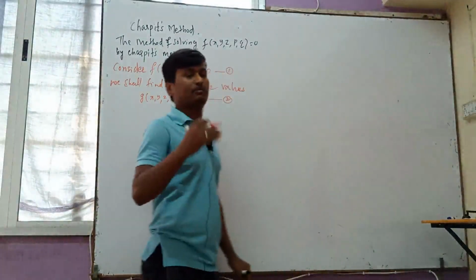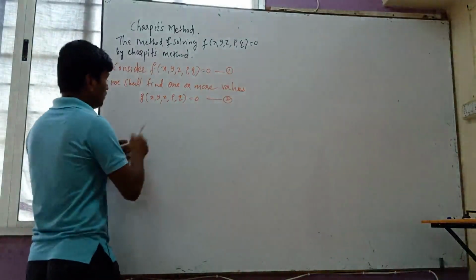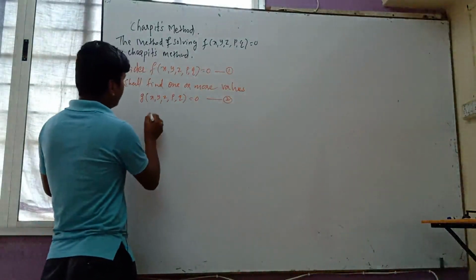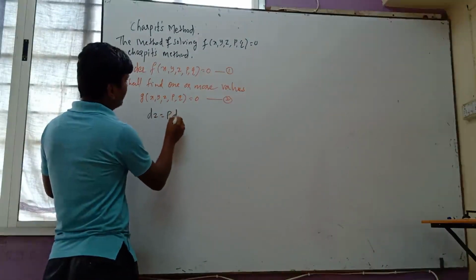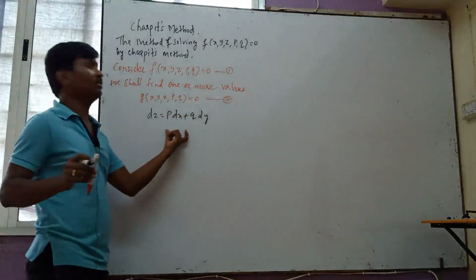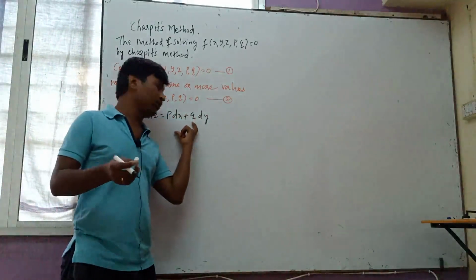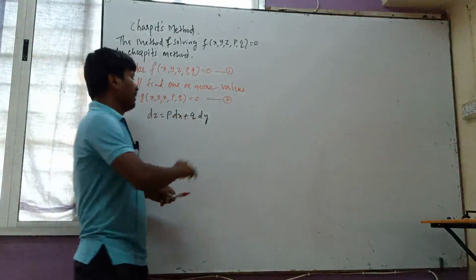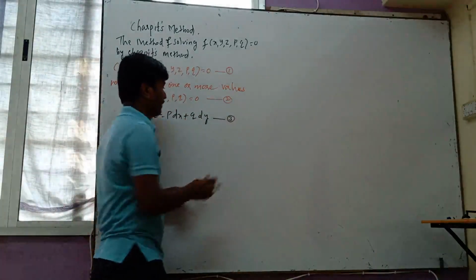After satisfying, substitute in the equation dz is equal to p dx plus q dy. Already you know this equation from the previous unit. I am calling this equation number 3.